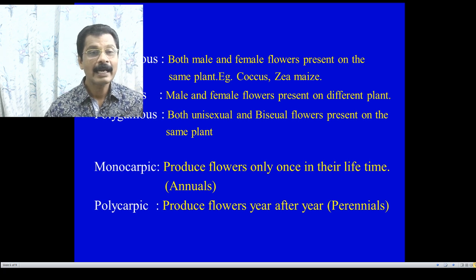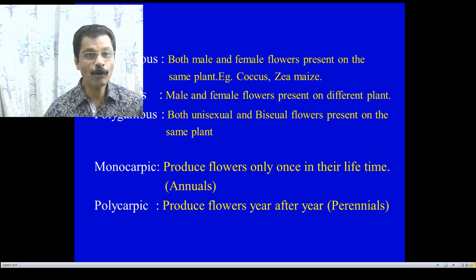Then monocarpic plants. We are talking about the plants, not the flowers. Monocarpic plants are plants which produce flowers only once in their lifetime. Most of the cultivated plants, crop plants, are monocarpic.